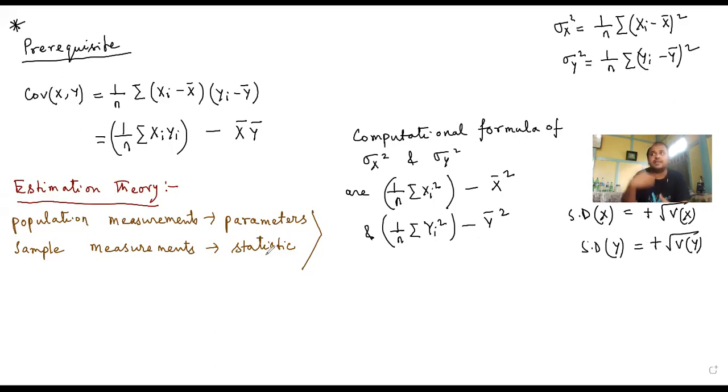But who is going to estimate your parameter? Who is going to test your parameter? That test is actually done by the sample. And the corresponding sample measurements like sample mean, sample variance, sample mean deviation, sample median, sample mode, they are known as statistics. So in estimation theory, what we learn is what is the best statistic that will estimate its corresponding parameter.